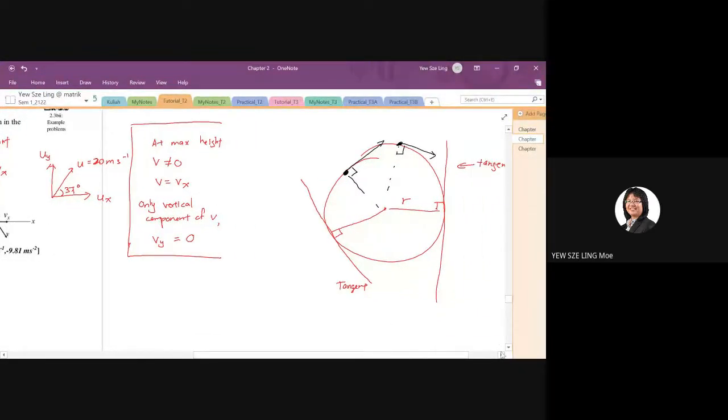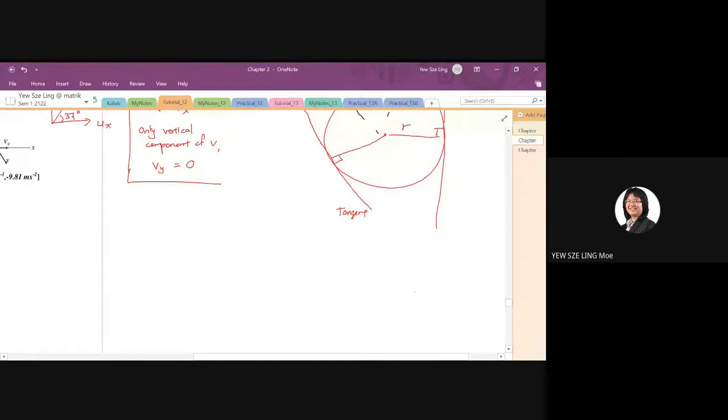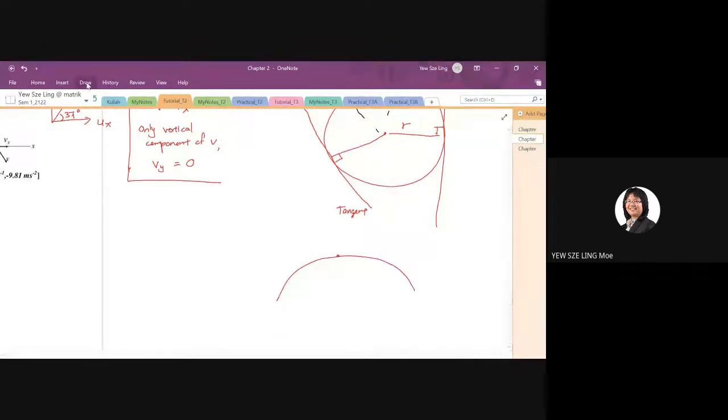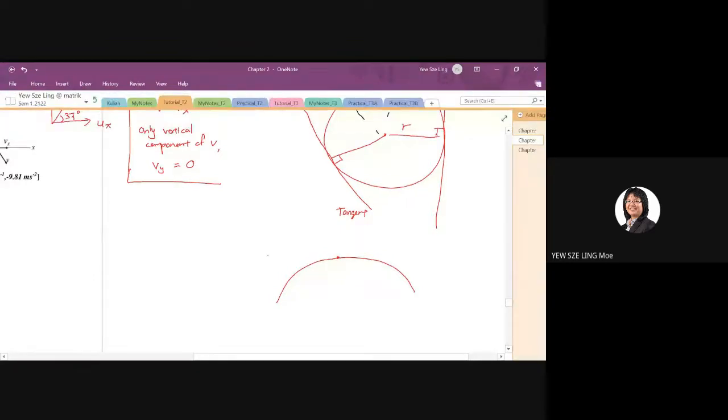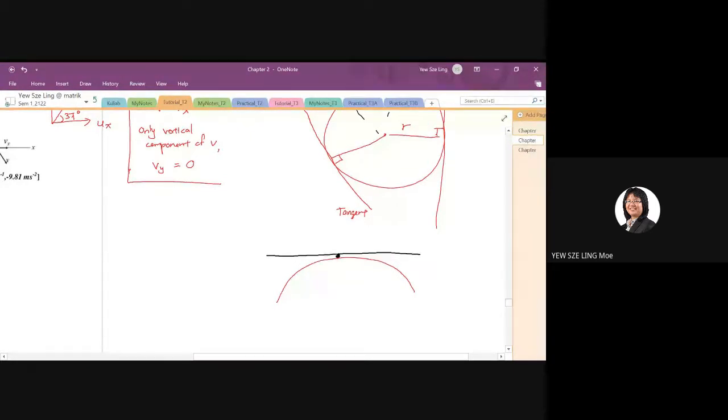So in projectile motion just now, what happened? We have a curve like this. At maximum height, the tangent line is a horizontal line. Which means my object at this position is actually heading to the right, just at this moment.